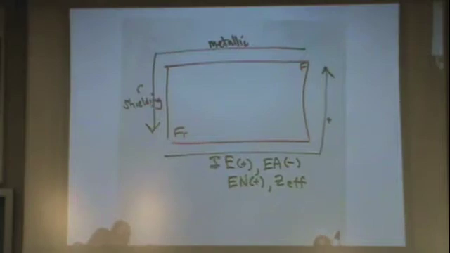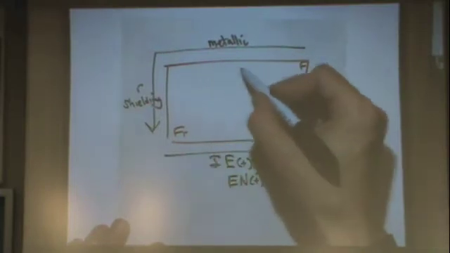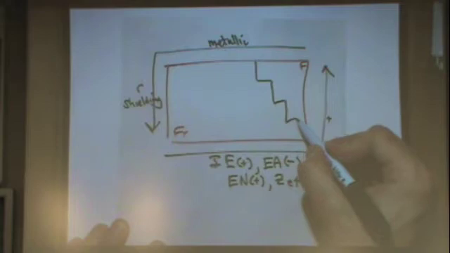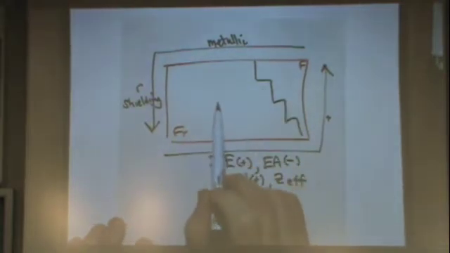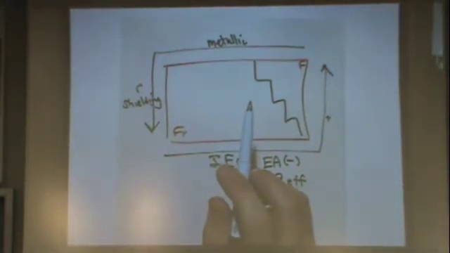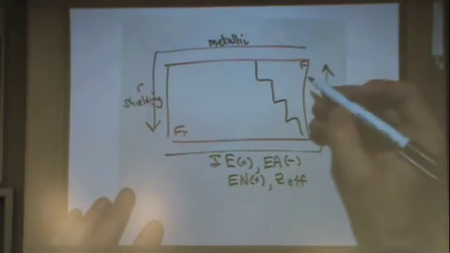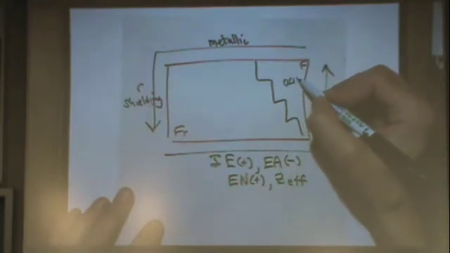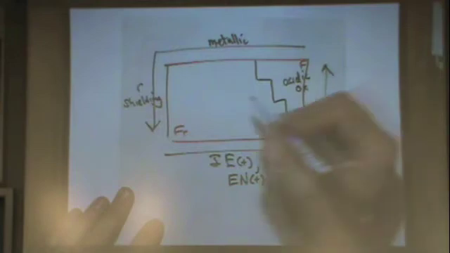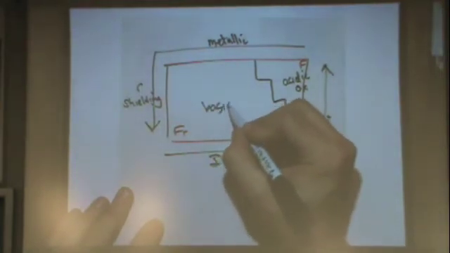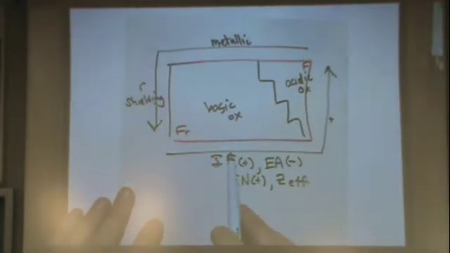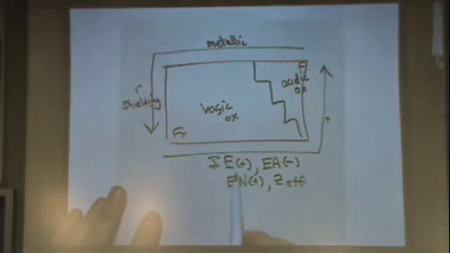Okay, am I missing anything? What else? Let's see, here's the staircase. Which side are acidic oxides and which side are basic oxides? These are acidic oxides, these are basic oxides. Are metals good reducing agents or good oxidizing agents?